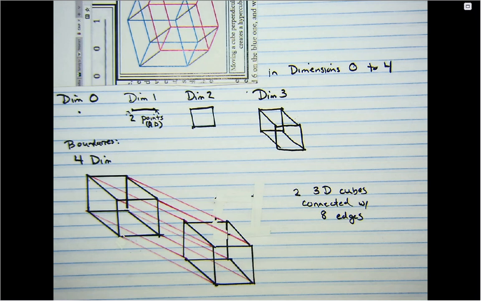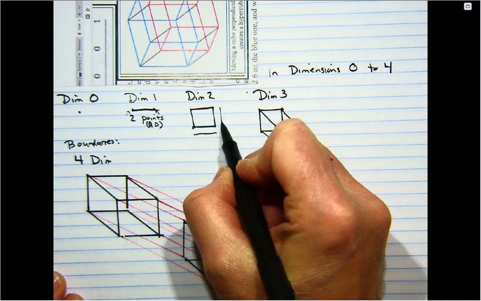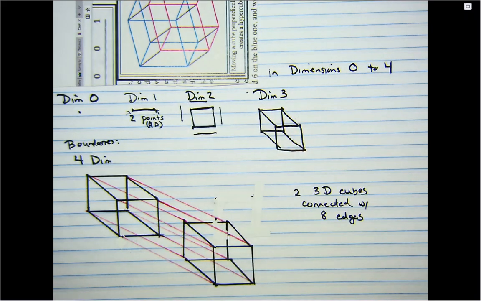And then the square in 2 dimensions, what did that have for boundaries? 4 lines. Yeah, so it has a line here, here, here, and here that come together to enclose the square. So the boundaries there are 4 lines.